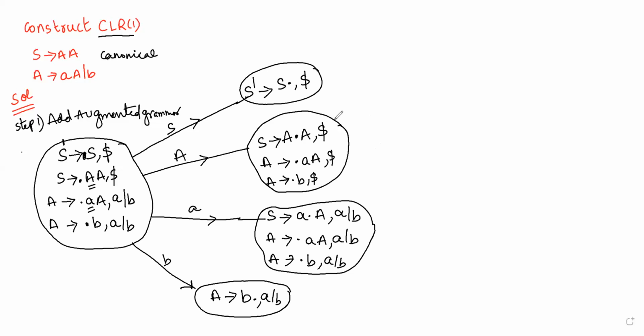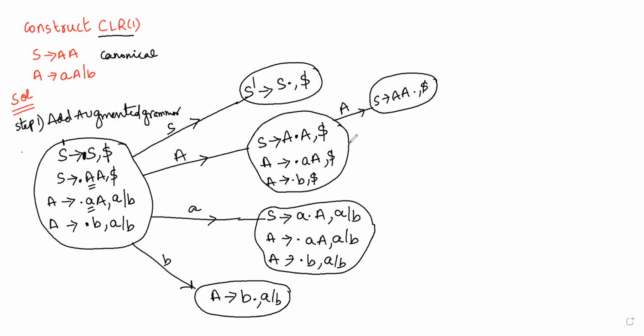Now if you take capital A for this one, the answer will become S tends to A dot A comma dollar. So dot A is there, it will become A dot AA.